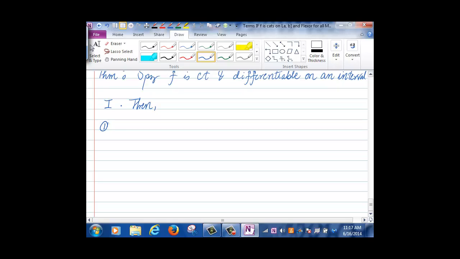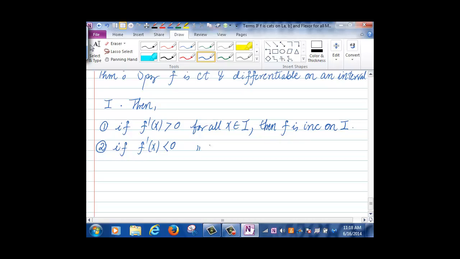Number one, if f prime of x is strictly positive for all x in I, then f is increasing on I, and 2, if f prime of x is negative for all x in I, then f is decreasing on I. Okay, so basically this is saying if the derivative is positive on an interval, then the function is increasing on that interval.